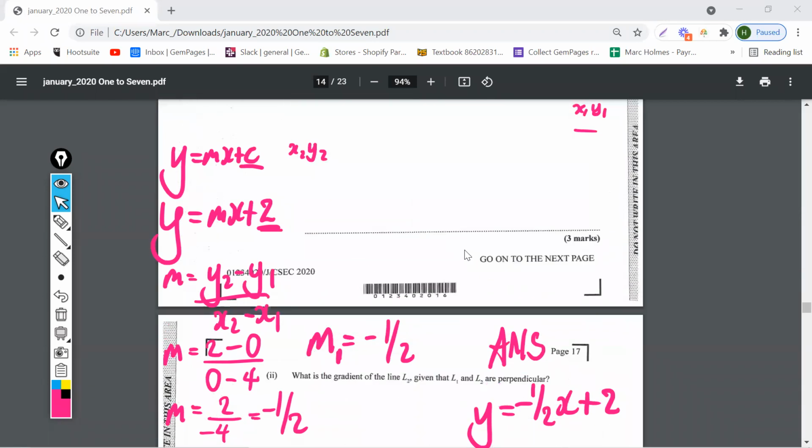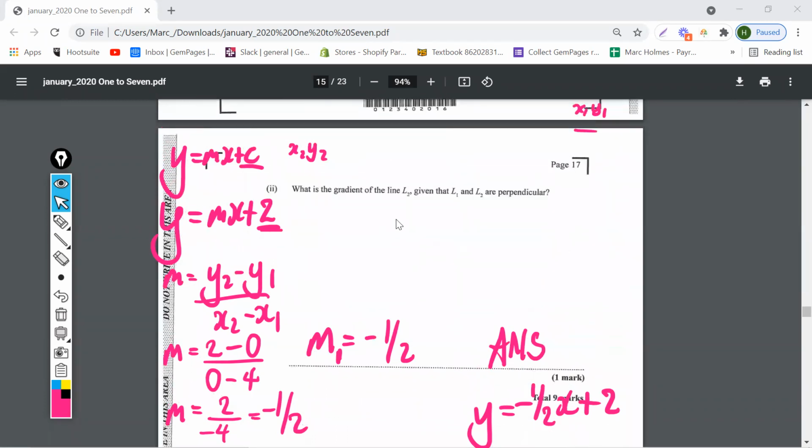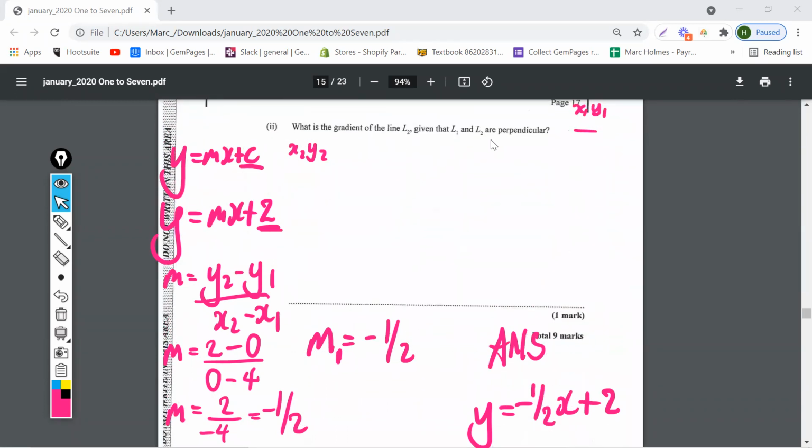All right, so let's look at the next question, guys. It says, what is the gradient of the line L2 given that L1 and L2 are perpendicular? So guys, this is really easy to do. M1, the first gradient, is equal to negative a half. So M2 would be equal to the negative reciprocal of M1.